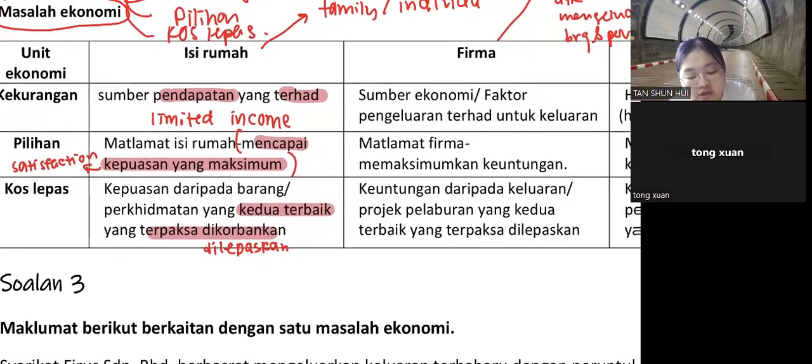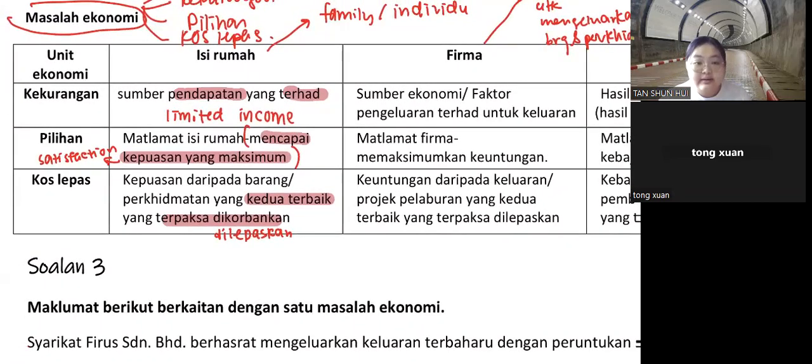Okay, this is an individual. But now if you're a company, what do you not have enough of? You lack sumber economy. If you don't like to write sumber economy, you can also write faktor pengeluaran. Because your resources are limited, you cannot produce everything you want.